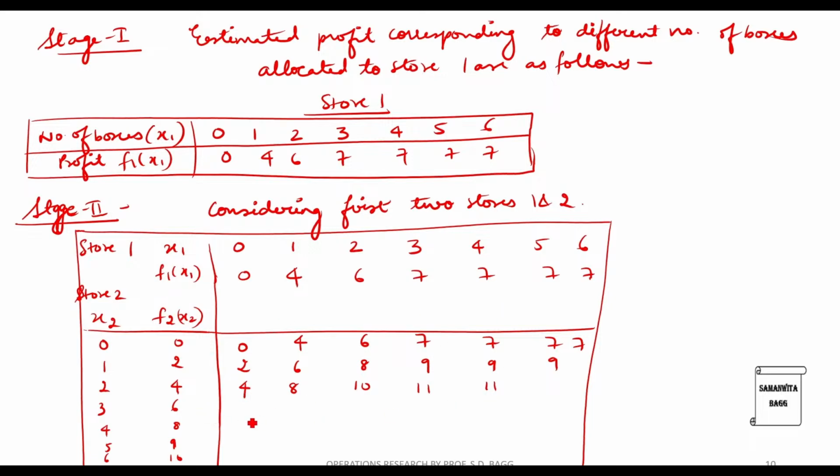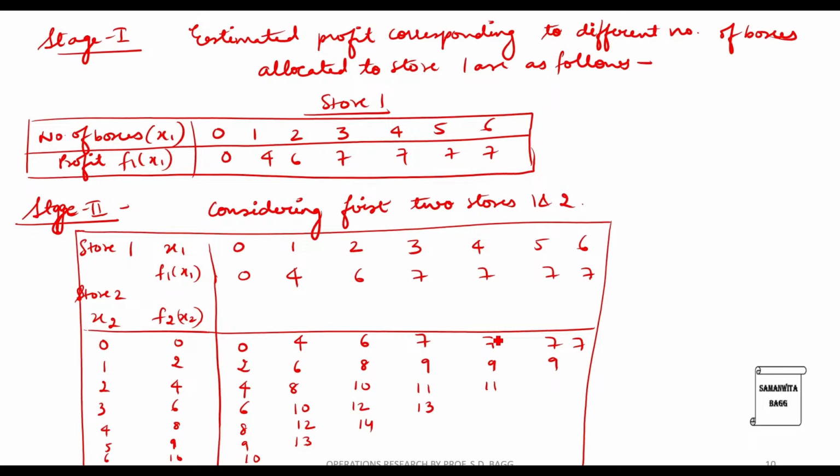Then I'll add 6 to each of them up to 3. So this will be 6, 10, 12, 13. Then I'll add 8. Next I'll add 9. And then finally I'll add 10 to only the first value, such that the summation of x1 plus x2 should be less than equal to 6.